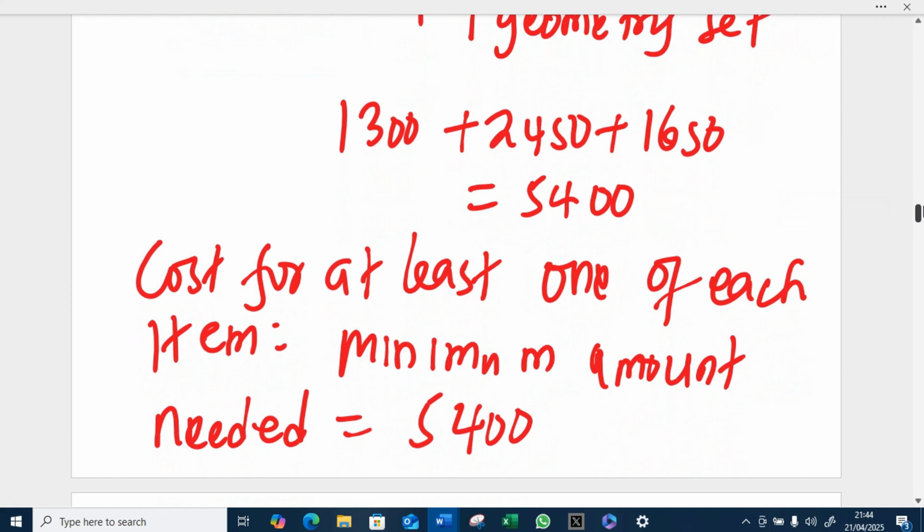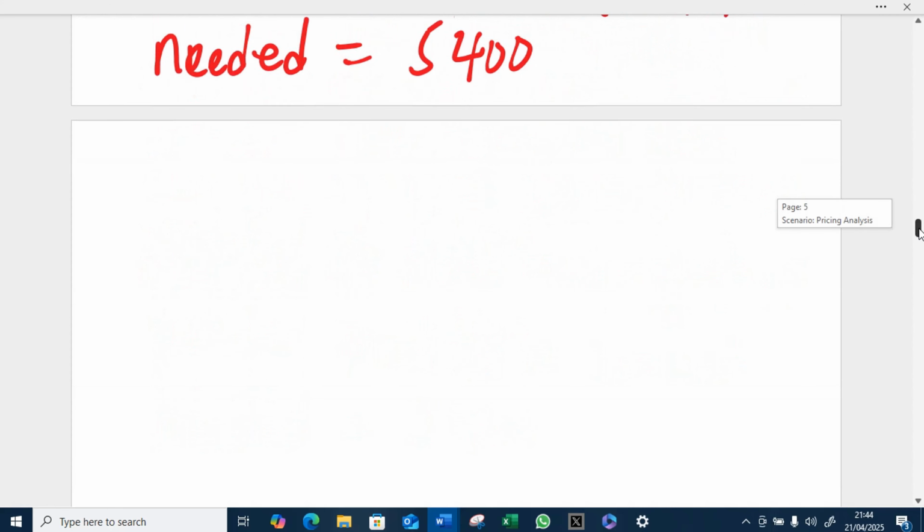Yes, she can ask for a discount on calculators, which is the most expensive, and then you reduce on this amount, or you buy in bulk, because when you buy in bulk, you reduce on the cost of each. So that is the advice we can give.